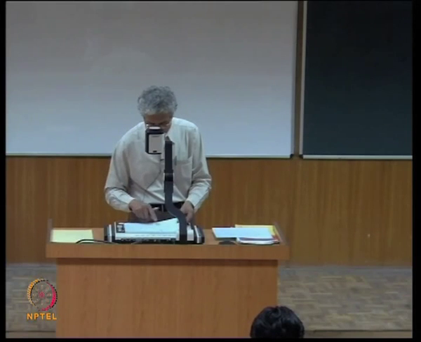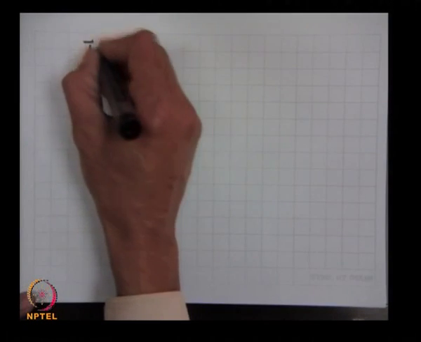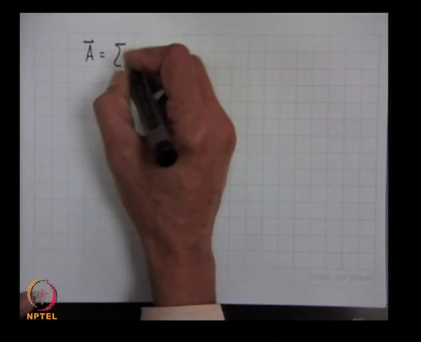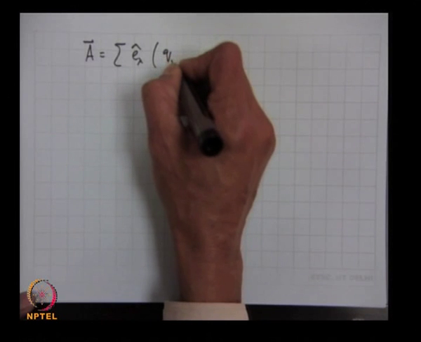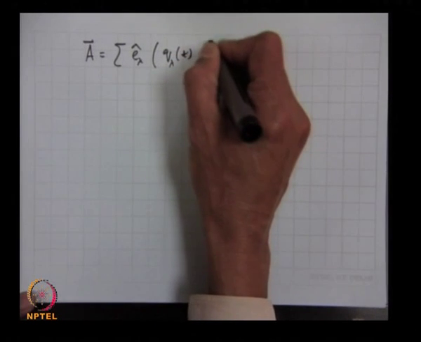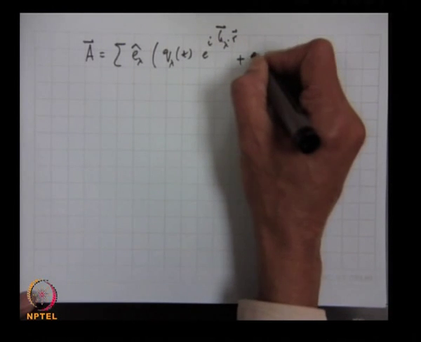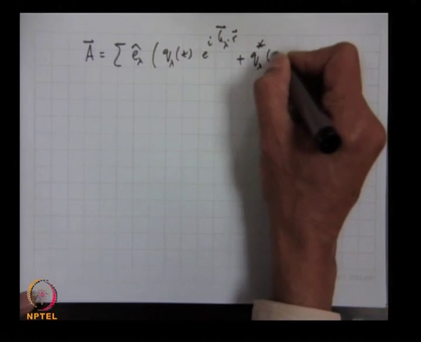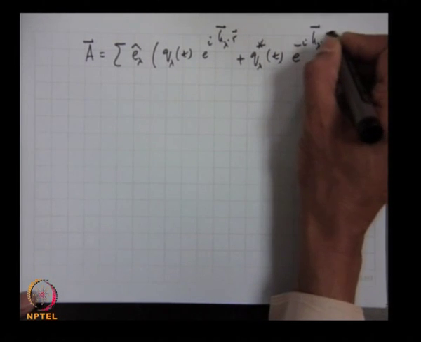So actually, we will later on also be able to write it in this form, in which I absorb the time dependence within the Q. I can write E lambda, Q lambda of time exponential i k lambda dot r plus Q lambda star of time exponential minus i k lambda dot r.